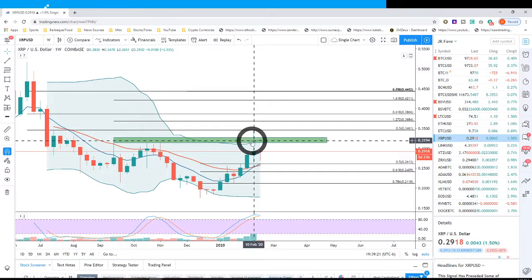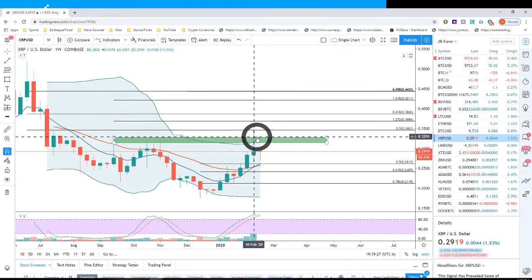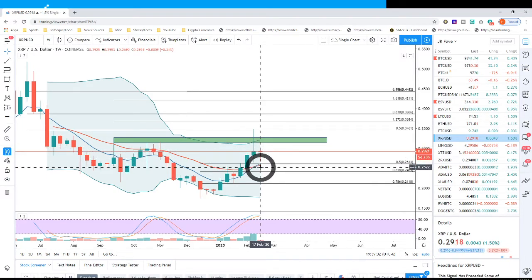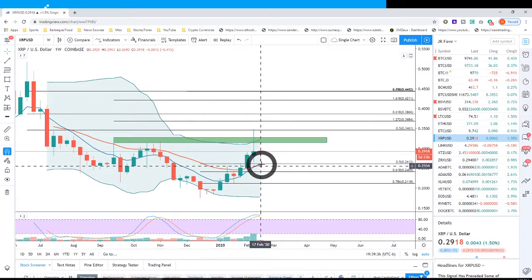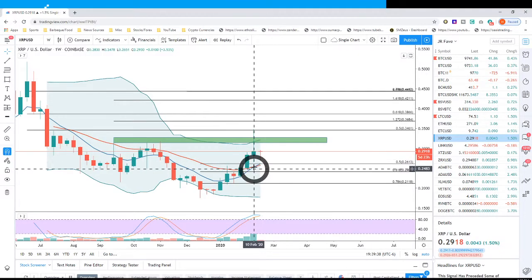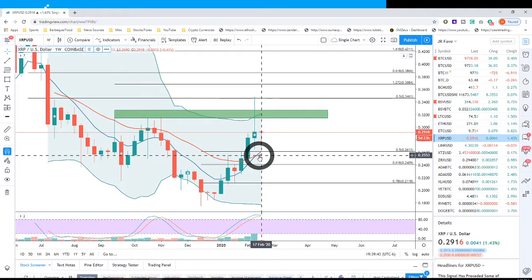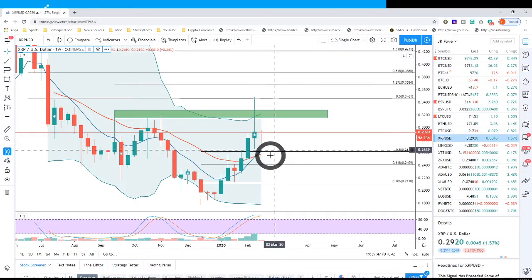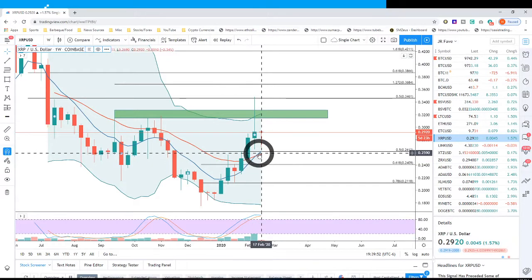I don't like the fact that on a daily it came back below what was resistance and then broke back below. I like the reaction I'm seeing so far, that it held the 10 and the 20 on this retrace, at least for now. And I like the fact also that the 10 crossed the 20 right there. Okay? 10 crossed the 20.